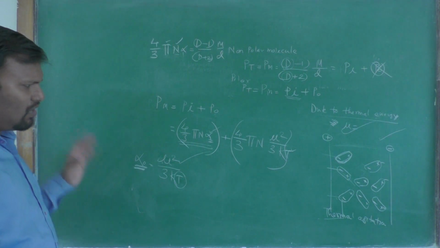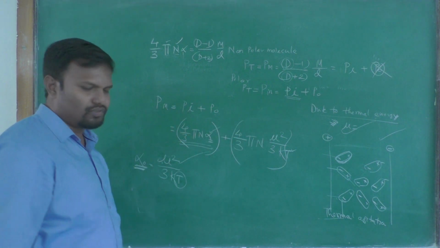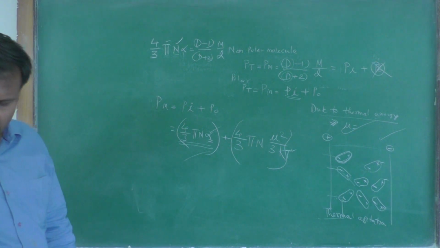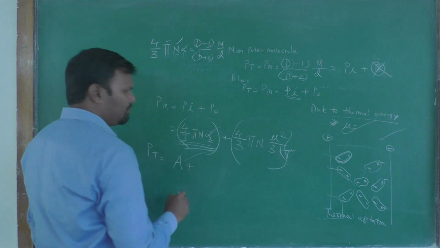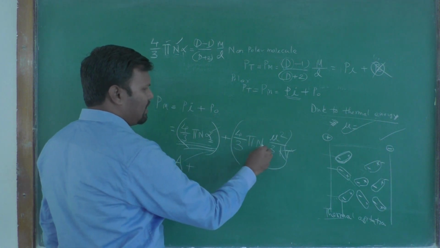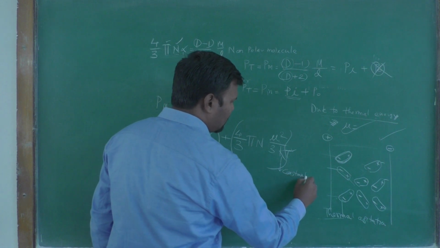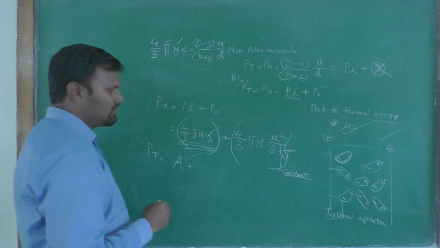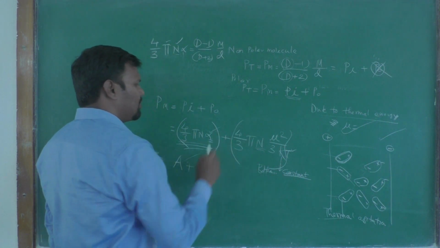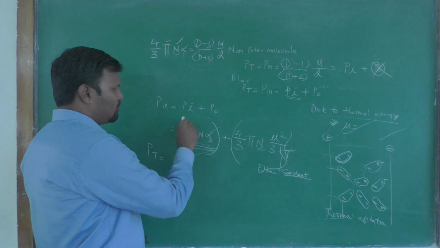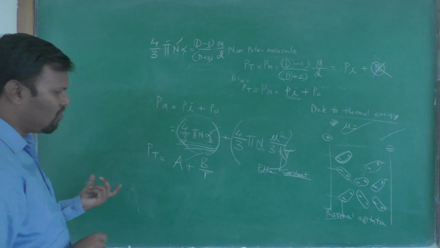Therefore molar polarization in a polar molecule depends upon the temperature, because all these other factors are constant. The total polarization is 4/3 pi n mu square upon 3kT. K is a constant called the Boltzmann constant, mu is the dipole moment, n is the Avogadro number, and pi is a constant. If we name one term A and another term B, with T the temperature, we have obtained the equation.